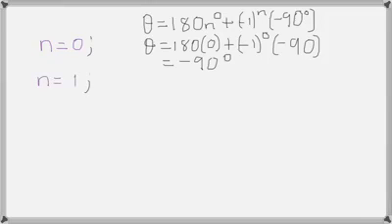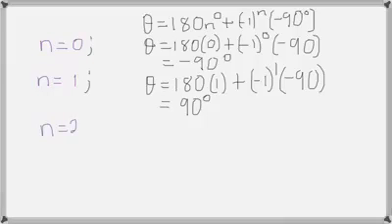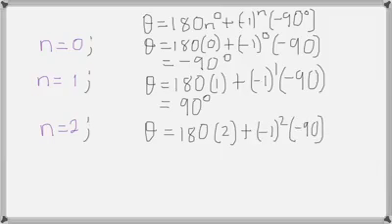Then next, on letting n equal 1, we have theta equals 180 times 1 plus minus 1 to the power 1 times minus 90, which will give us 270 degrees. And when letting n equal 2, we have theta equal to 90 degrees.